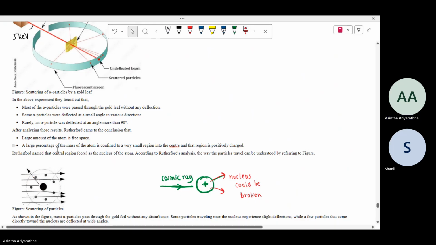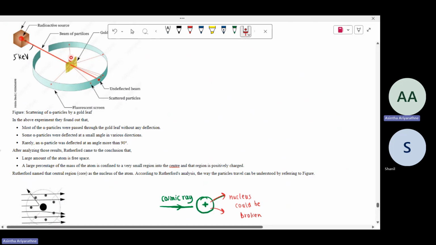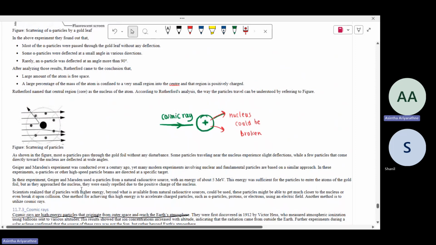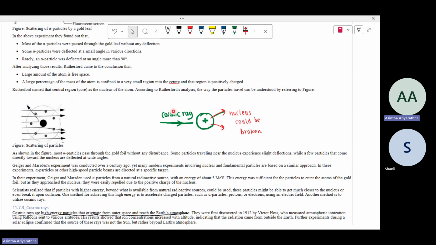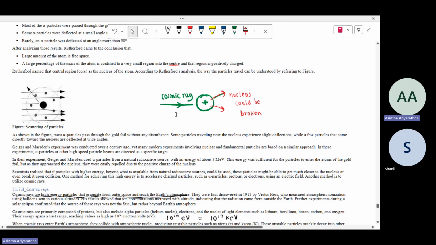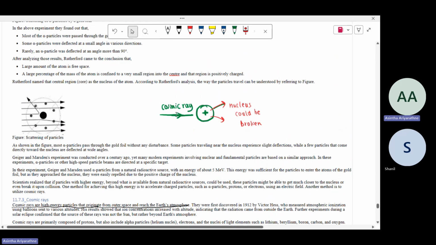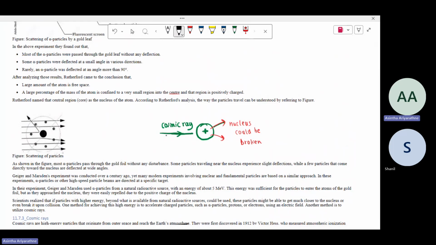So this is what happens with alpha particles. But what happens if, instead of alpha particles, we direct a highly accelerated particle carrying about 10 to the power 20 electron volts of energy?